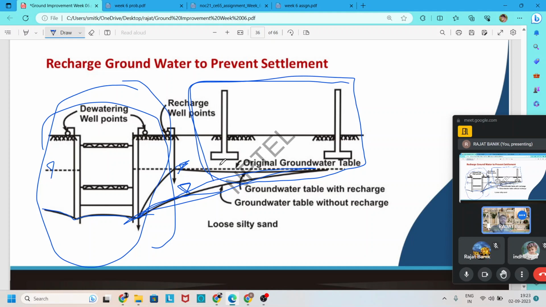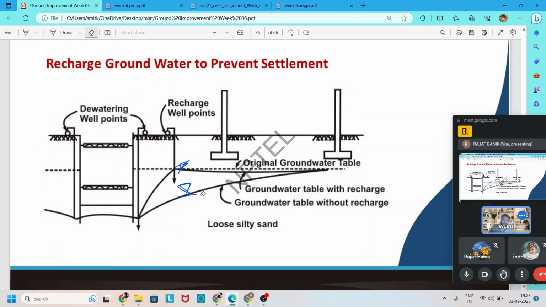To address this collapse, we need to recharge through well points. We maintain the groundwater table for this reason. For that, we recharge the ground through well points, just as we dewater through well points.